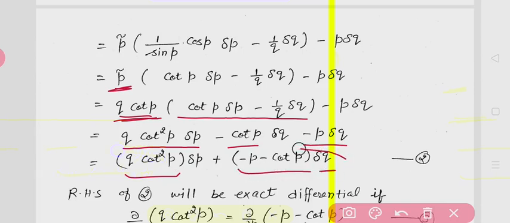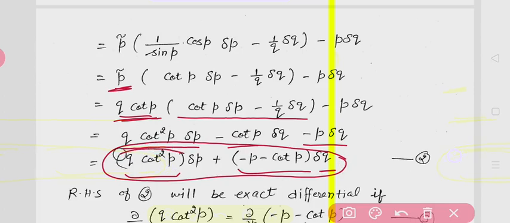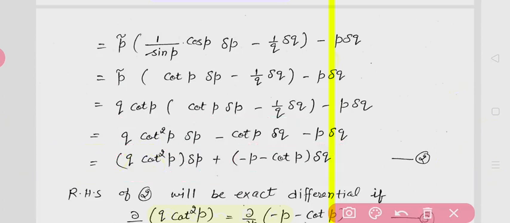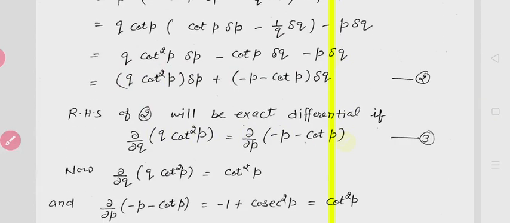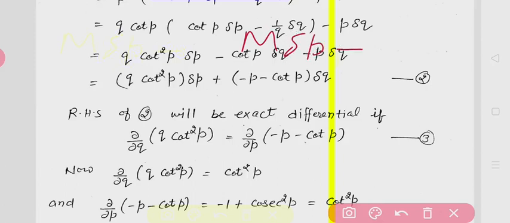But this will be the exact differential of some function when the partial derivative of this with respect to q and the partial derivative of this with respect to p are equal. Okay, again the same case, m dx plus n dy, that case you can consider. So similarly the case is in this form, m delta p plus n delta q.